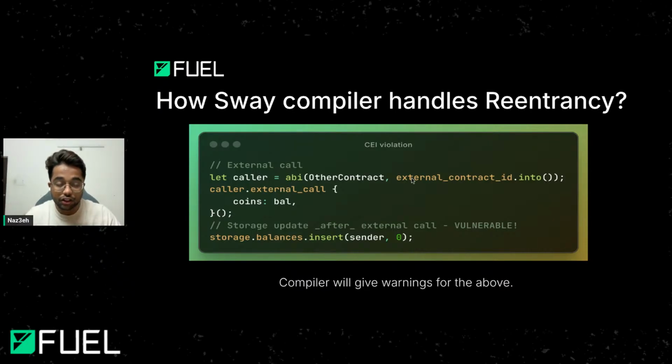We are checking the condition, making the call first, and then updating the state. So the Sway compiler will give a warning at compile time itself. As you can see, I have commented the warning over here. So it will give the warning at compile time itself, and you should not ignore it, and should take precautions in order to avoid reentrancy.